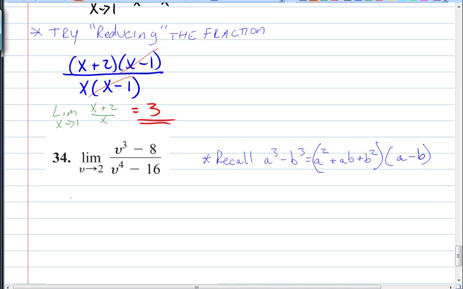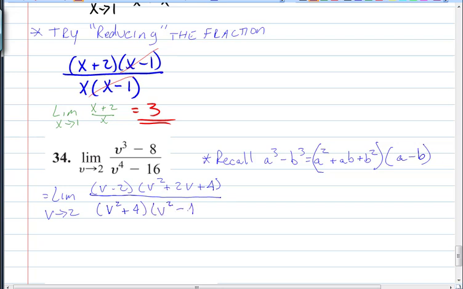All right, so this is going to be equivalent to the limit as v approaches 2 of v minus 2 times v squared plus 2v plus 4 over v squared plus 4 times v squared minus 4.